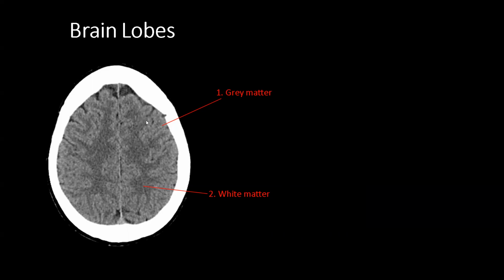You have this ribbon going on the outside of the brain, which is brighter on CT. It's kind of more white, which means it's more radiodense. And then centrally within the brain, you have this darker region, or more hypoattenuating, which means it's less radiodense. And those are gray matter and white matter. They have two different radiodensities to each other.